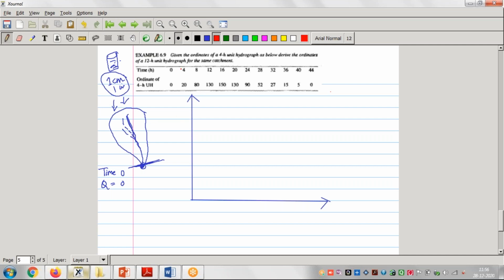Now, the same thing we see here. When the time was 0, the discharge, or we can say ordinate, is 0. Now see, after 4 hour, this water collected or measured here was, say, 20 meter cube per second. Is it okay?